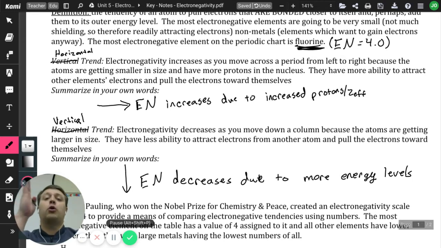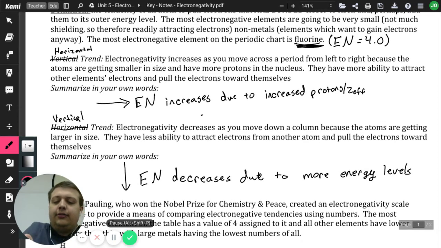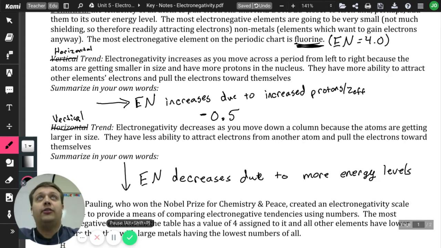If I go from fluorine to oxygen, and then from oxygen to nitrogen, and then from nitrogen to carbon, each time your electronegativity is going to decrease by 0.5. So if I wanted to know the electronegativity of oxygen, I would go from fluorine over to oxygen. Fluorine has an electronegativity of 4, which means oxygen has an electronegativity of 3.5 because you subtract that 0.5. Okay?